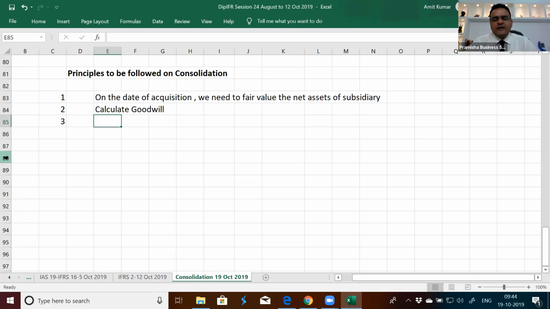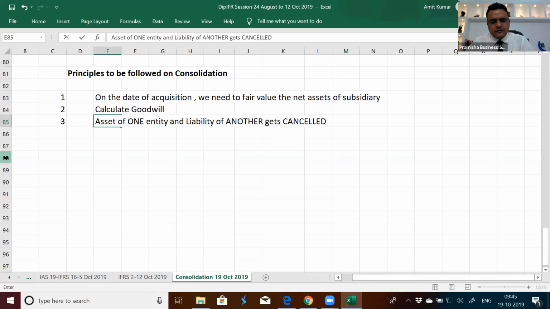When we consolidate, as I said, asset of one entity and liability of another entity cannot be presented in consolidated results, because we are treated as a single economic entity, a single group. So asset of one entity and liability of another gets cancelled on consolidation.